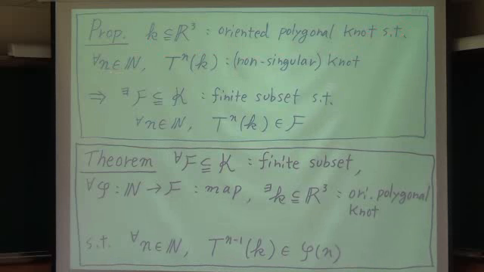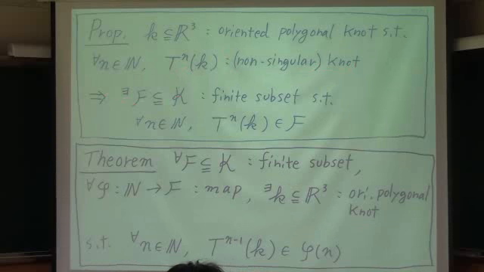Suppose that for any natural number n, K mapped by the nth iteration of T is still a non-singular knot, so T^n K is still an oriented polygonal knot.